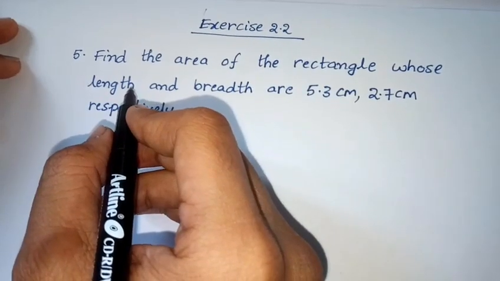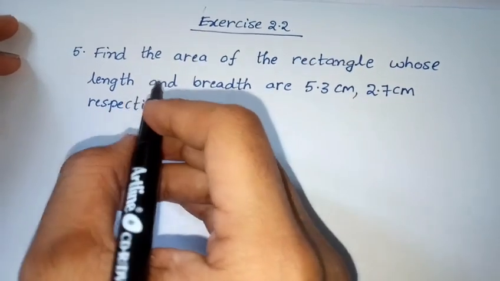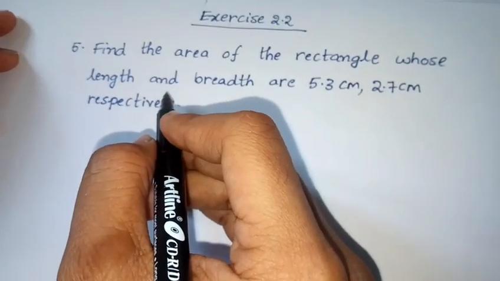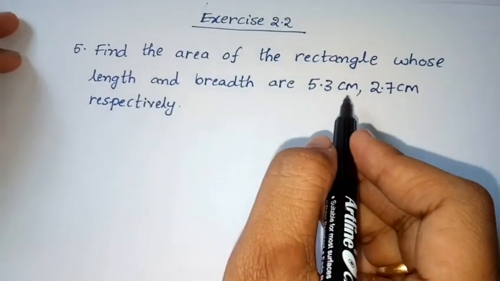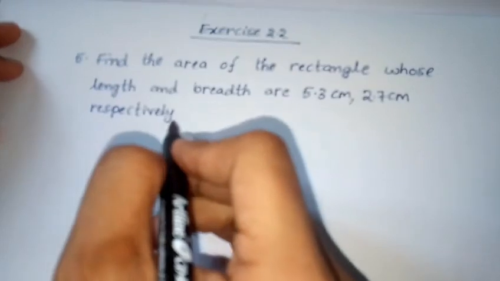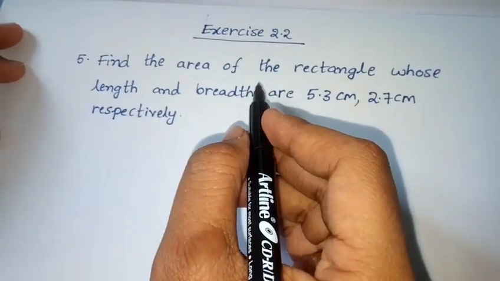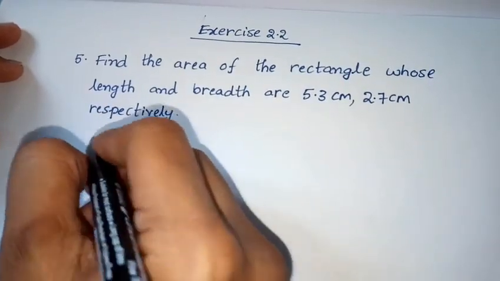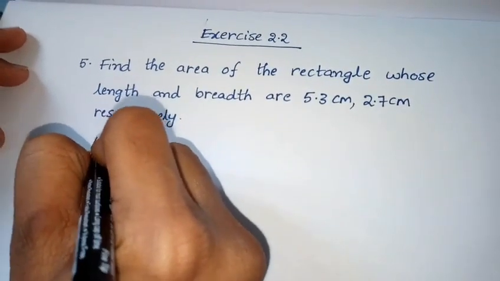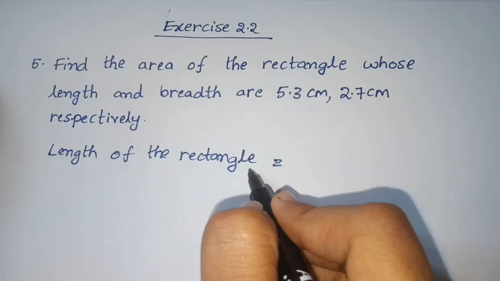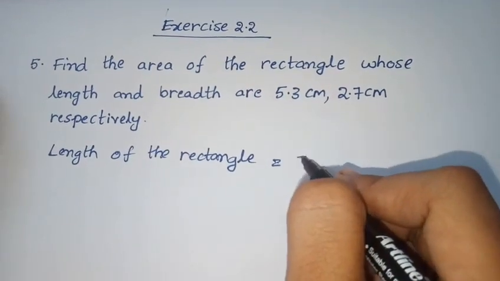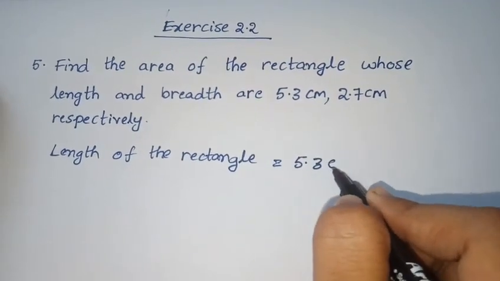Fifth problem in exercise 2.2. Find the area of the rectangle whose length and breadth are 5.3 centimeters and 2.7 centimeters respectively. In the question they are asking the area of the rectangle. So first write down the length of the rectangle, 5.3 centimeters.